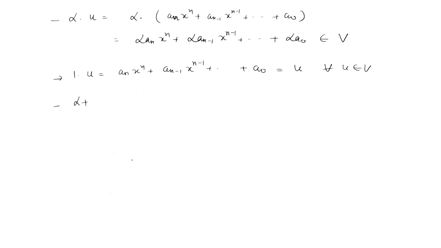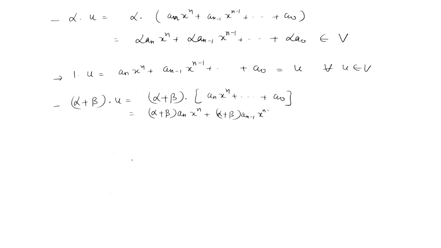Then you take alpha plus beta times dot u. So, it is alpha plus beta dot with u, which is a n x raised to power n plus and so on a naught. So, it is alpha plus beta times a n by the definition of scalar multiplication. Then it is a n minus 1 x raised to power n minus 1 and so on, alpha plus beta times a naught. Now, it is alpha a n plus beta a n.